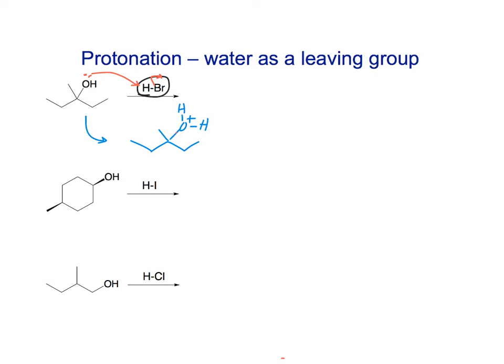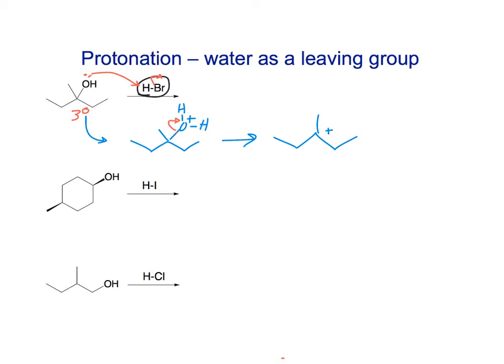So in this reaction, because we have a tertiary center here, this is going to proceed by an SN1 mechanism. The water can come off like this to form a tertiary carbocation.